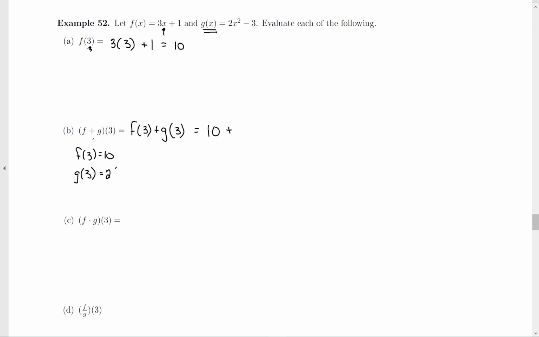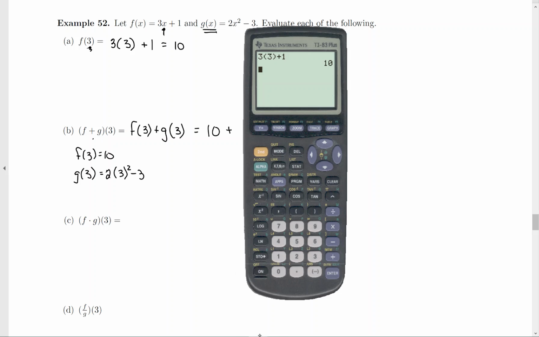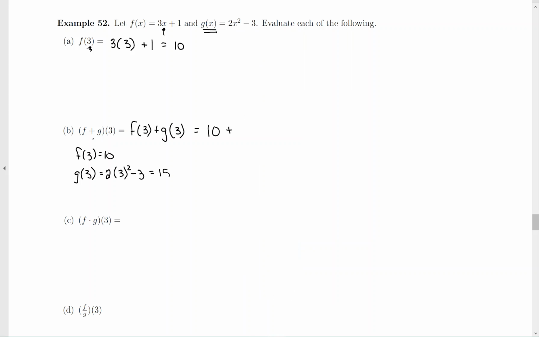So that's going to be 2 times 3 squared minus 3. And again, don't be shy about the calculator. 2 times 3 squared minus 3. Got 15. So f of 3 was 10, g of 3 was 15. Add those two numbers up, and we come up with an answer of 25.